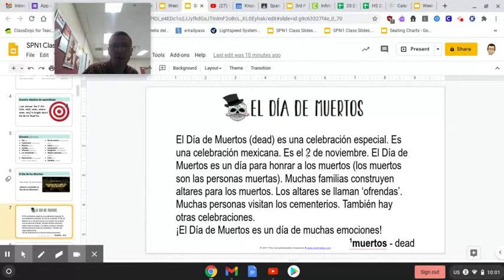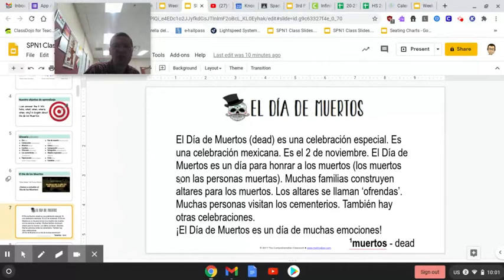Es el 2 de noviembre. What does noviembre look like? It's a month. What month do you think that might be? El Día de Muertos es un día, so un día para honrar, to honor, a los muertos.